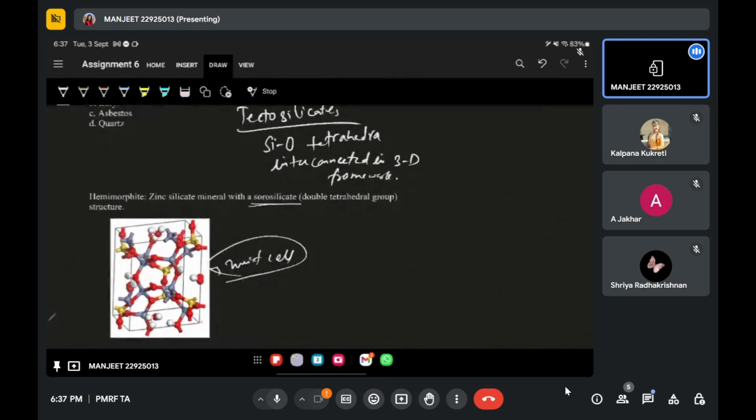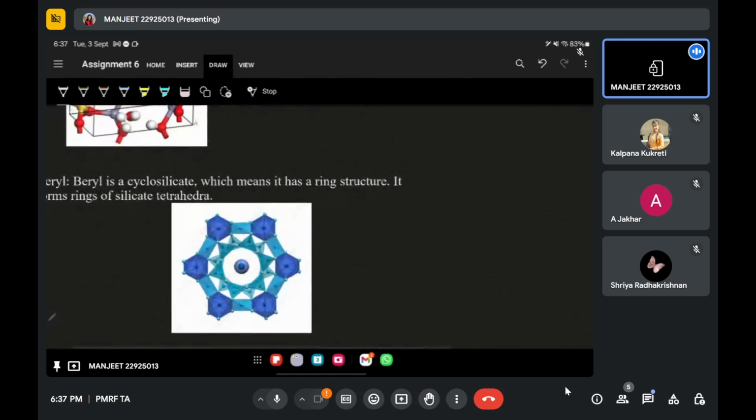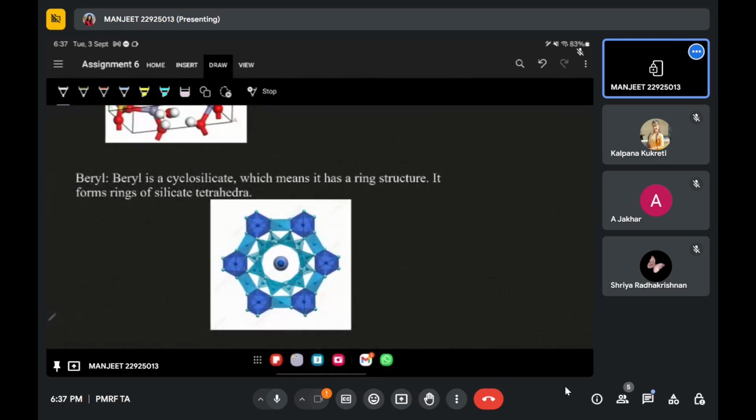And the next one is the beryl. Beryl is the cyclosilicate. If you see the structure of the beryl, they are having the ring form. These silicon oxygen tetrahedra are arranged in a cyclic arrangement. If I choose this tetrahedron, this is connected in this way to this tetrahedron, and this is connected to this atom.